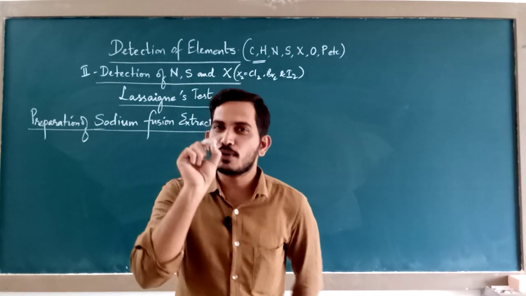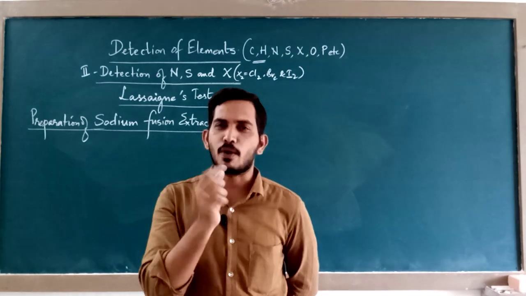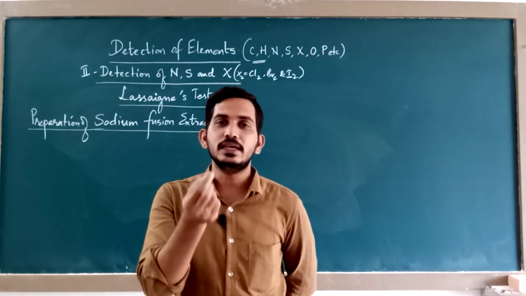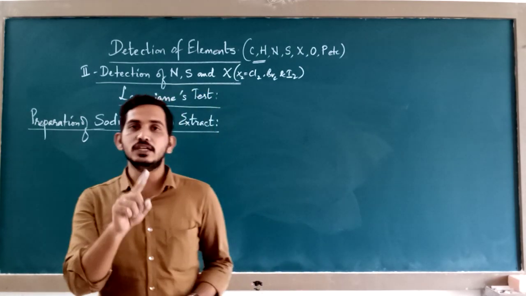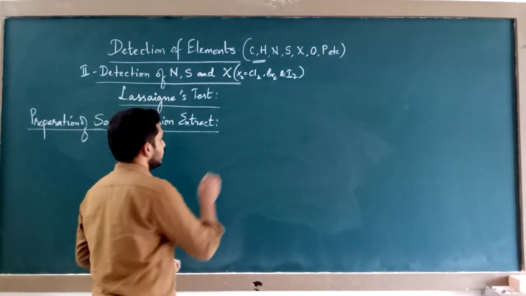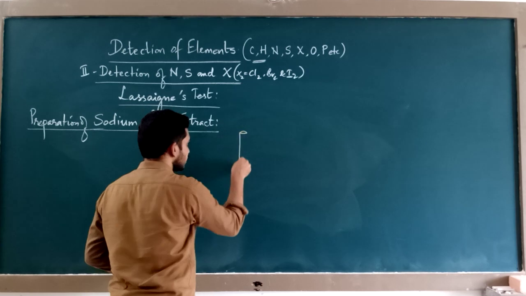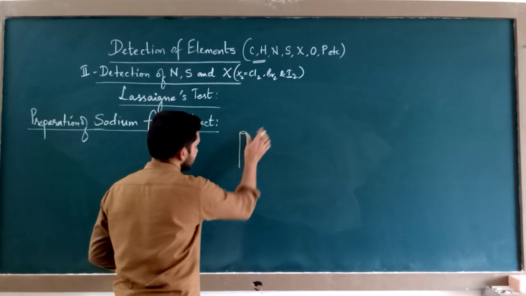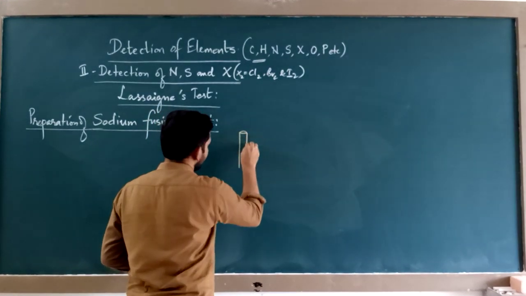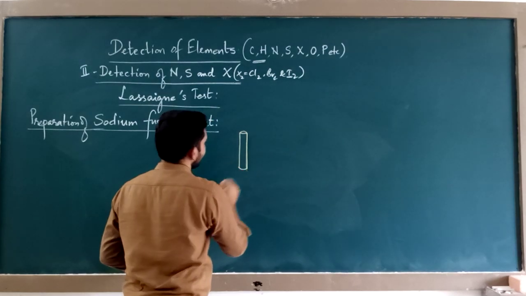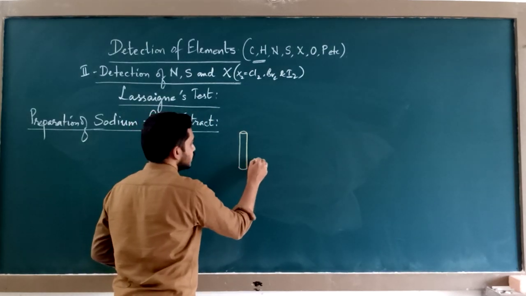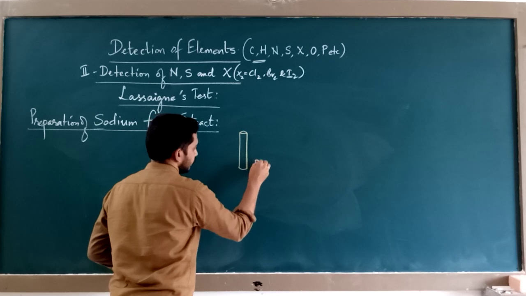A very small piece of sodium metal, about the size of a rice grain, is taken in an ignition tube. I'll tell you what a test tube is. Imagine this is the size of a test tube, then a sodium fusion tube is this small.